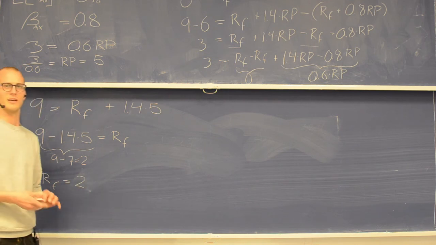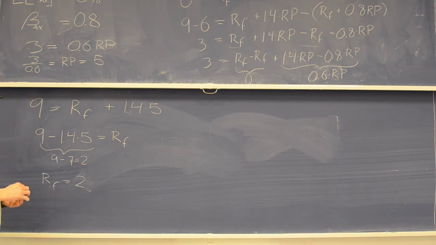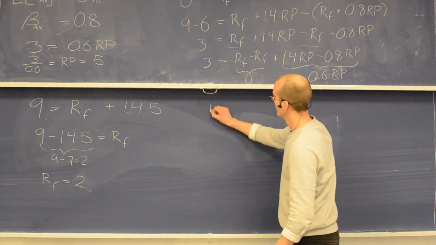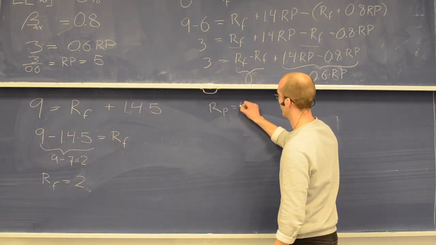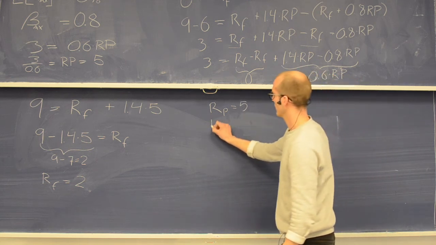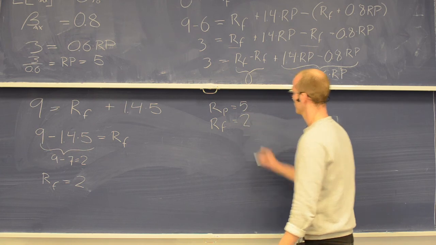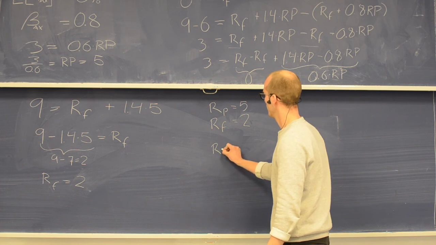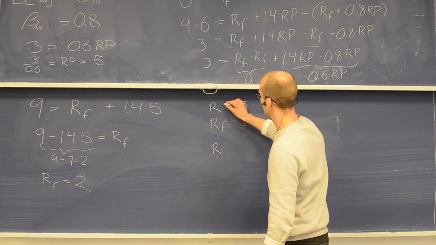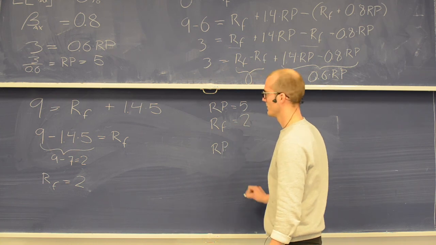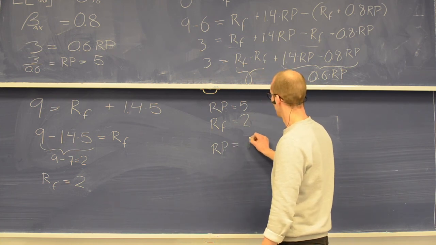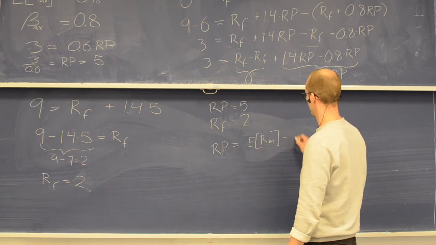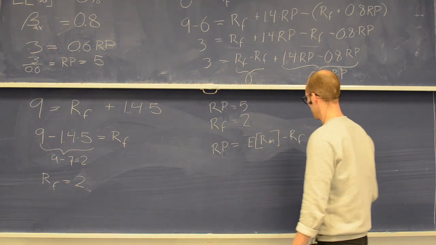So now the only thing left is to find the market rate of return. But we know that the risk premium, we calculated it before, RP is 5. We also know that RF is 2. And we know from the formula above that RP, sorry, it should be capital P's here, is equal to expected return on market minus the risk-free rate.